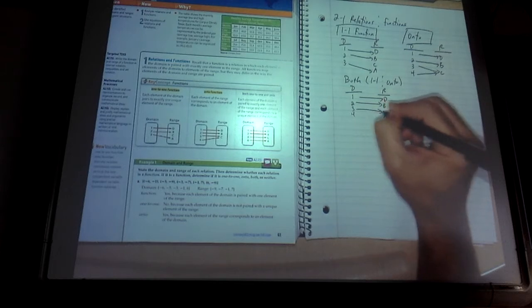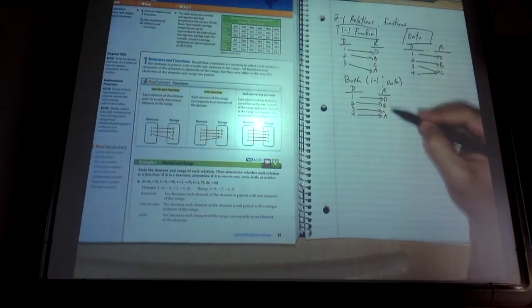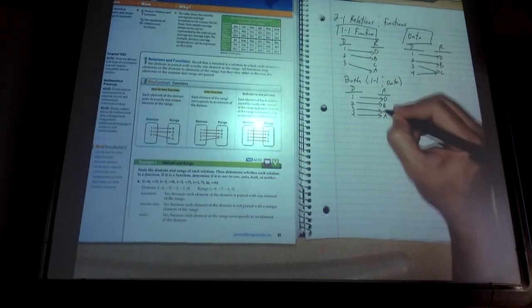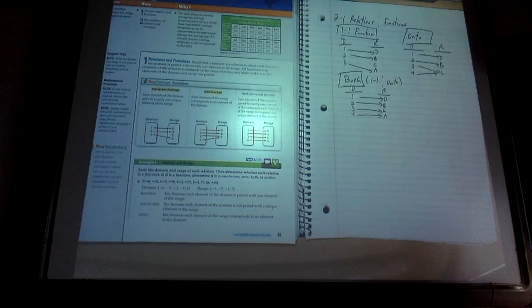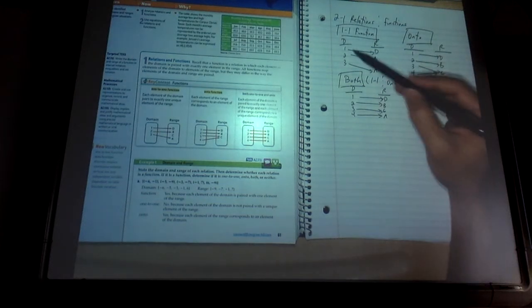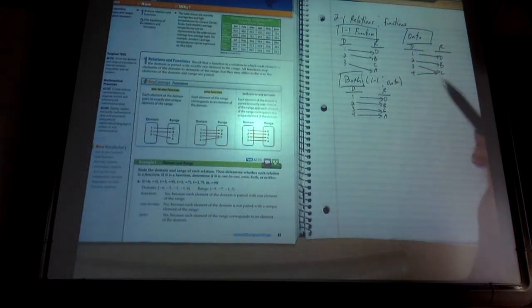But each X has its own unique Y, and all of the ranges are used. This is an example of both one-to-one and onto. So one-to-one is that each X has its own Y, and it's not married to the same Y, or those X's aren't repeated. Onto, all the range values are used, and then we have both.